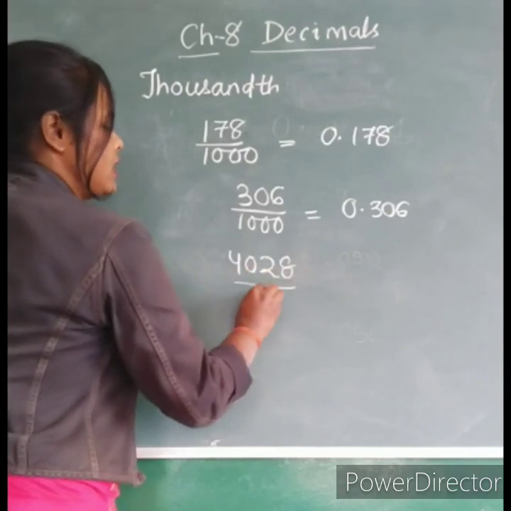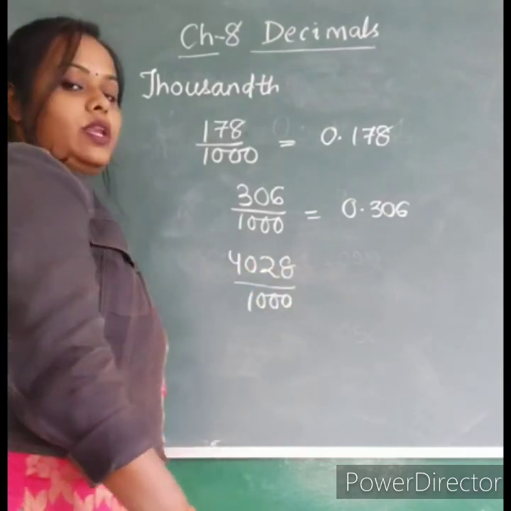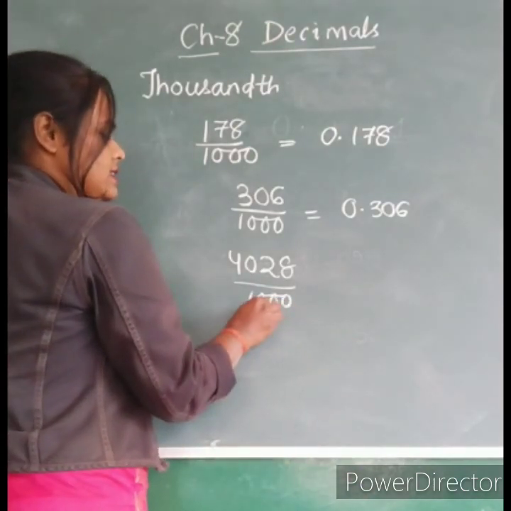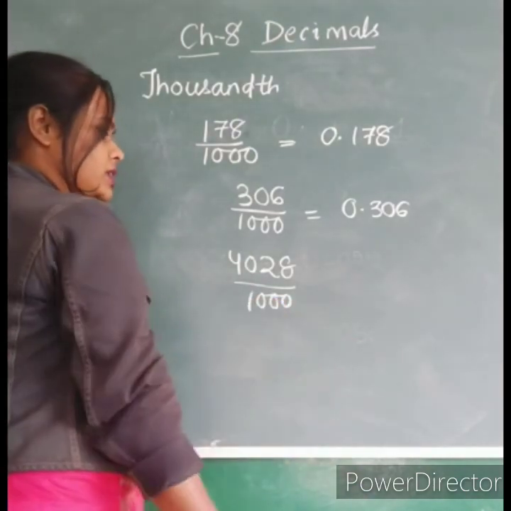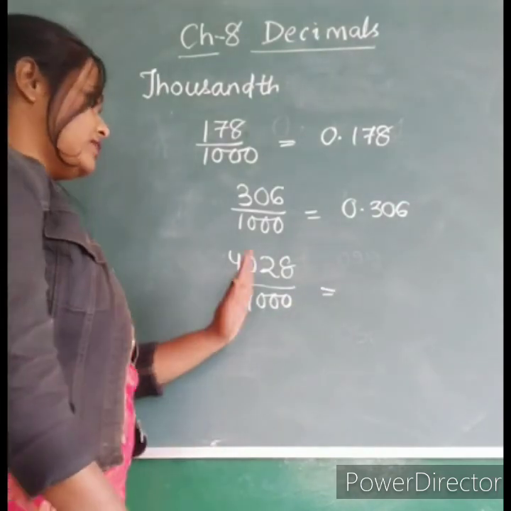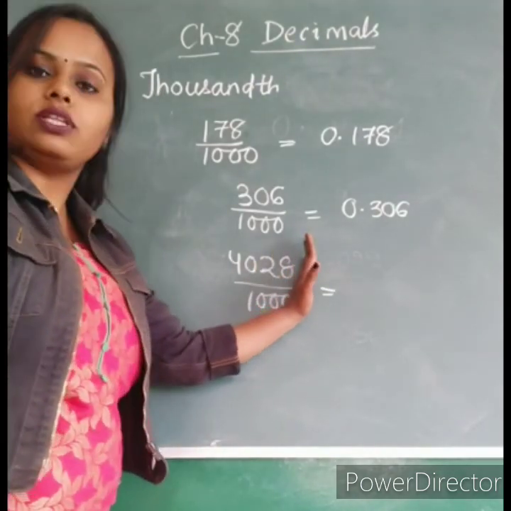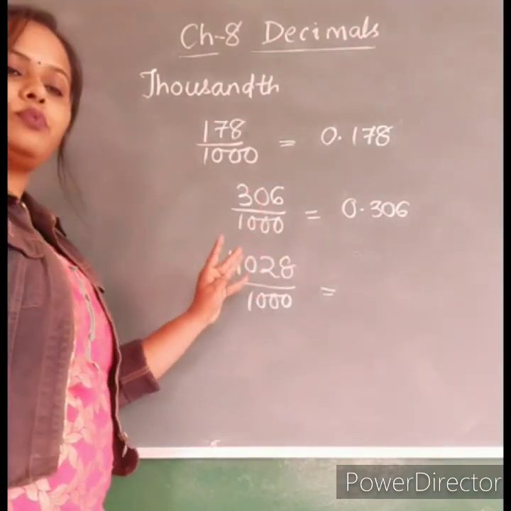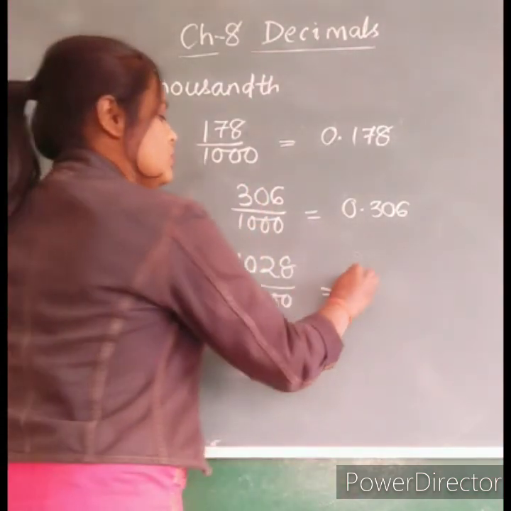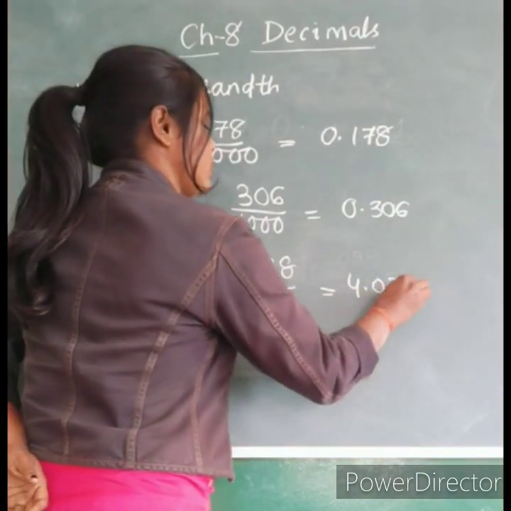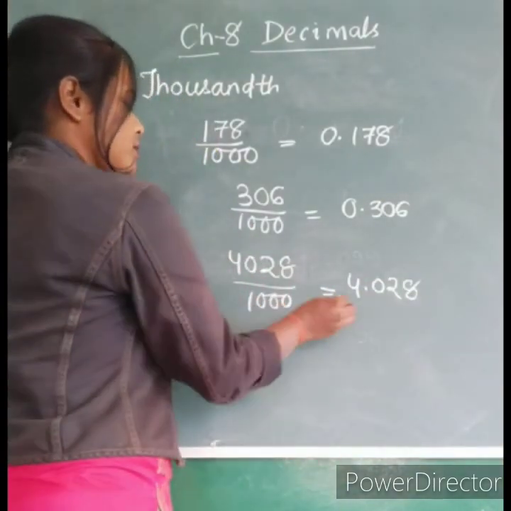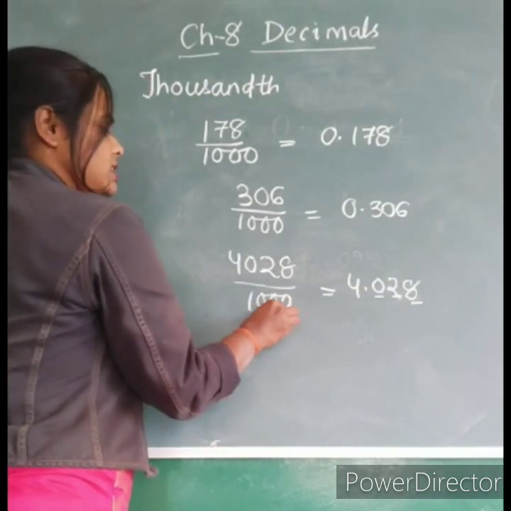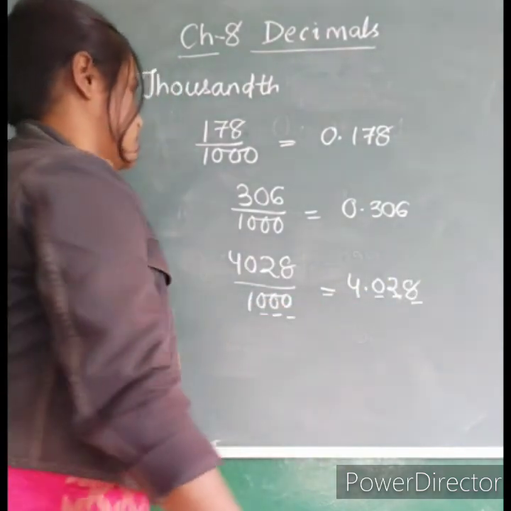4028 by 1000. As we know, we are having 3 zeros in the denominator. So from the right hand side, we need to leave 3 digits: 8, 2 and 0. I will leave them and put the point in front. So 4.028. After the point we have to put 3 digits as we have 3 zeros in the denominator.